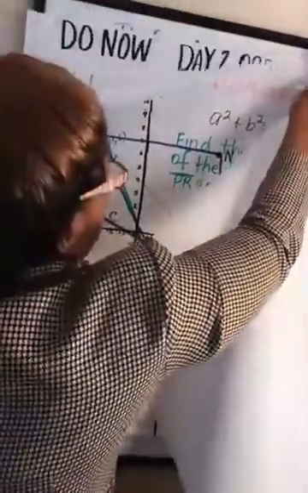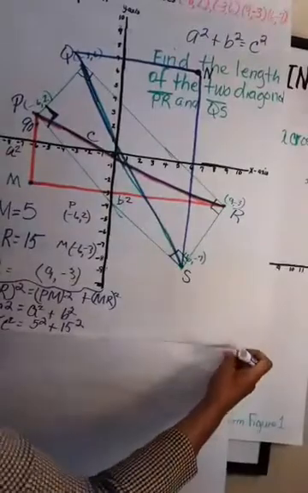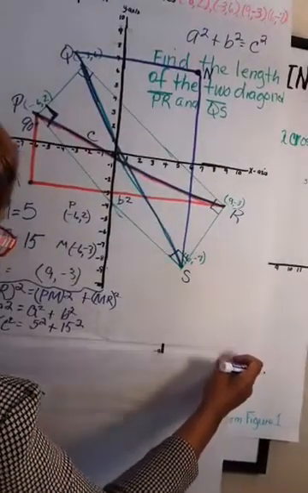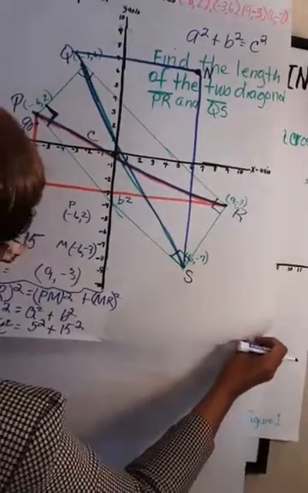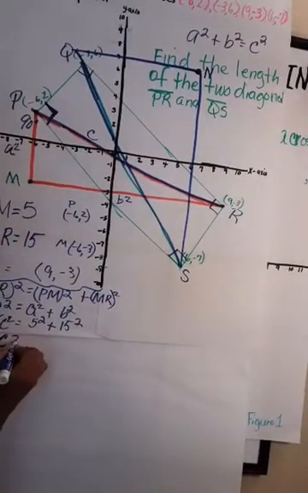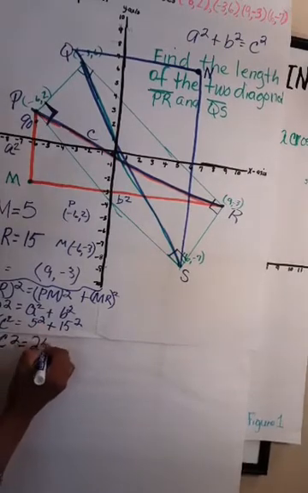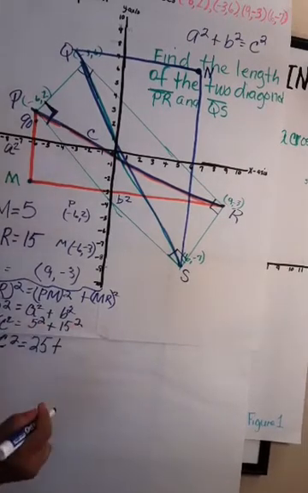Moving this up a little bit. So now we could say C square is equal to, how much is 5 times 5? That's 25, plus 15 times 15.